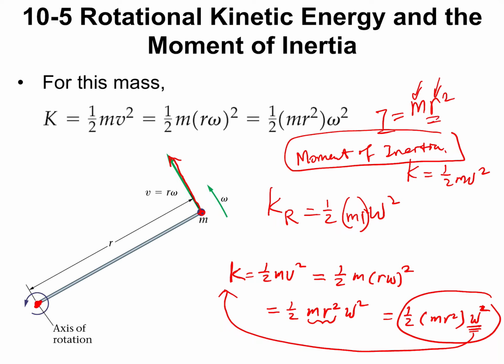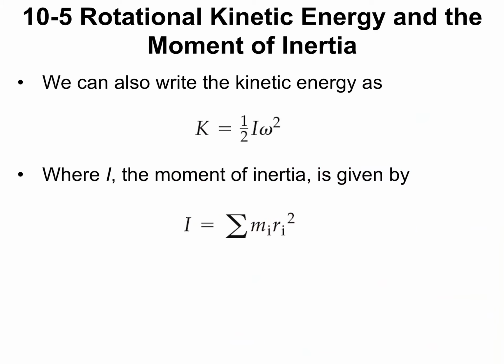So moment of inertia equals mass times the distance squared, which means if you are close to the rotational axis, the moment of inertia will be small, and very far away from the rotational axis, the moment of inertia is big. So this is rotational kinetic energy. K equals this term, with the moment of inertia.